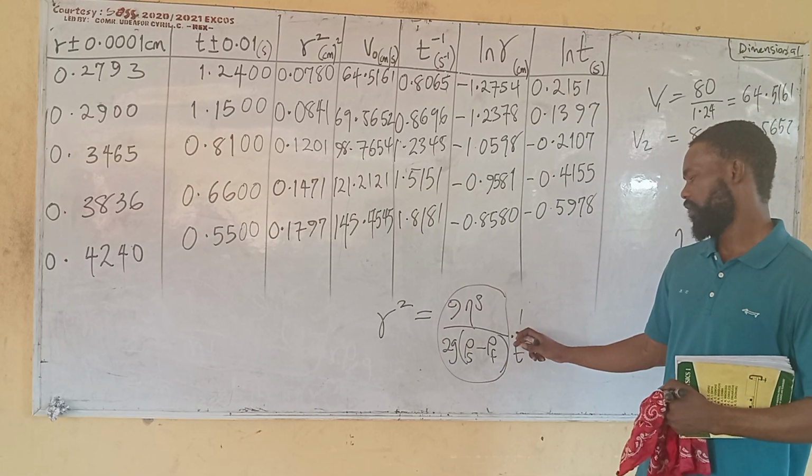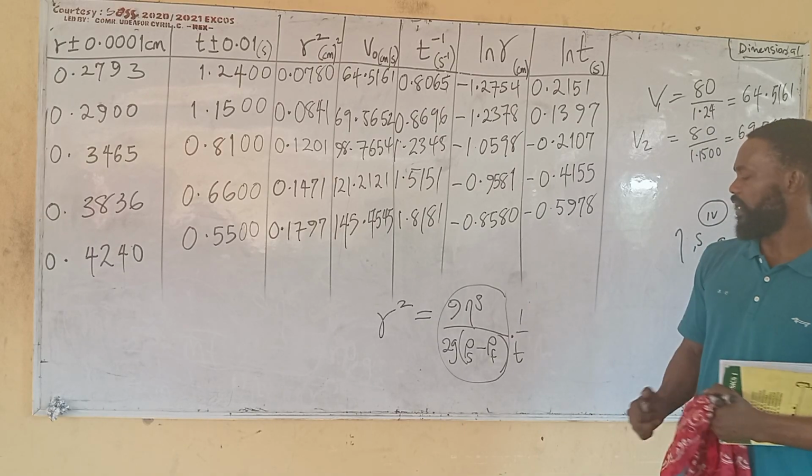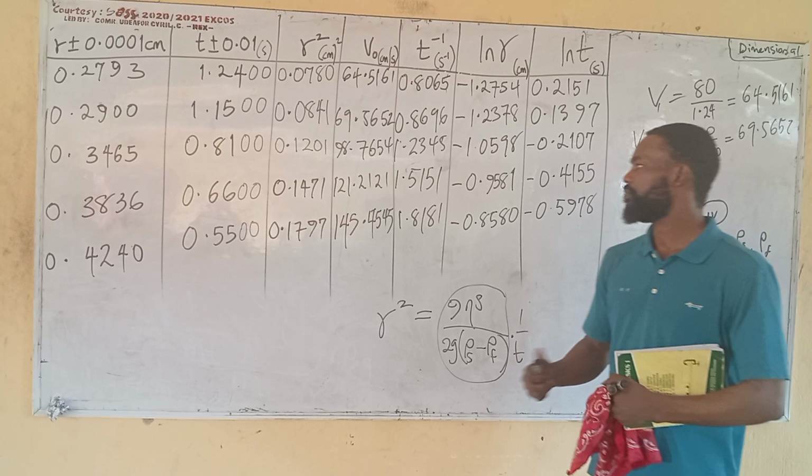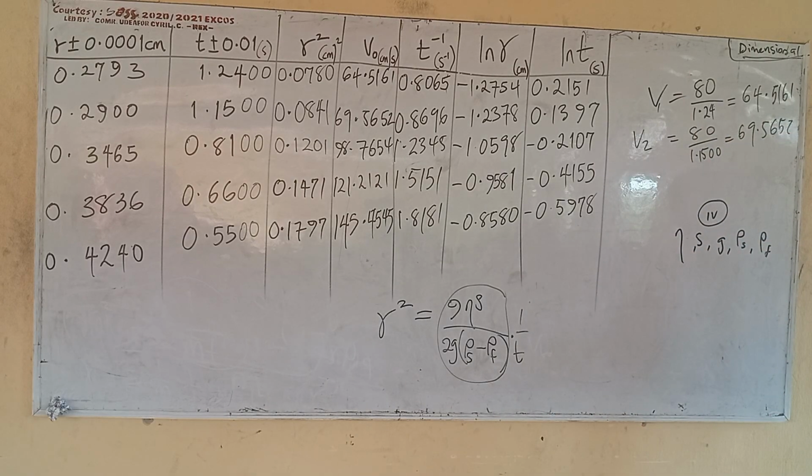Everything here is the X and this is the Y. But they are asking me to obtain the slope from my graph.